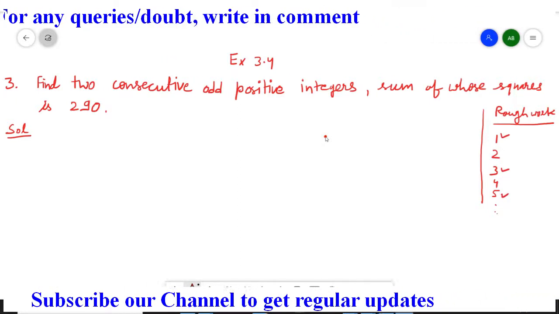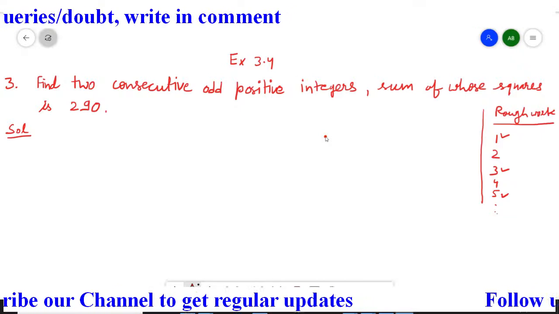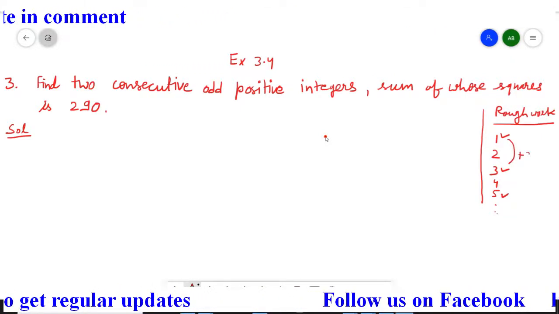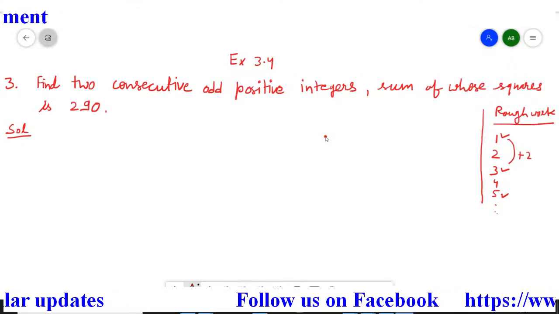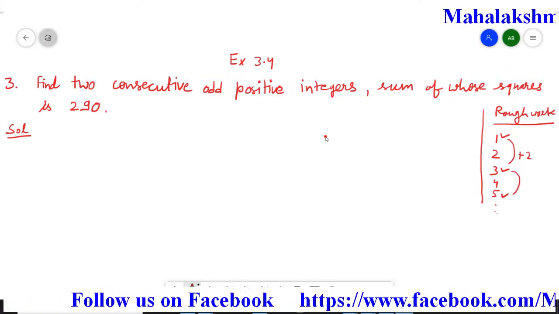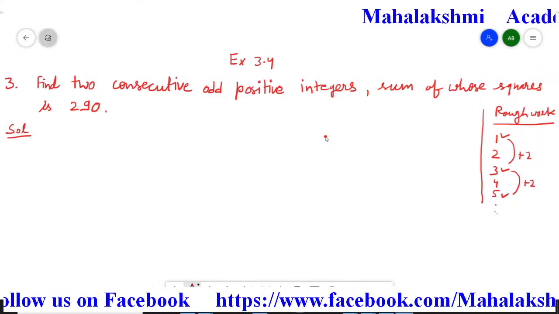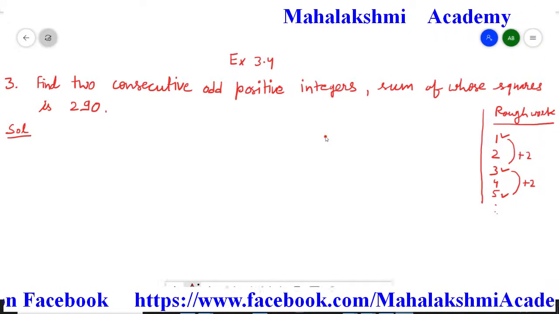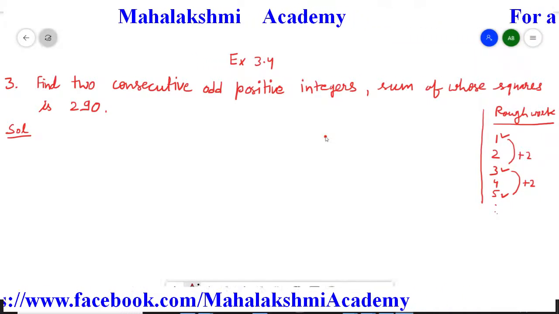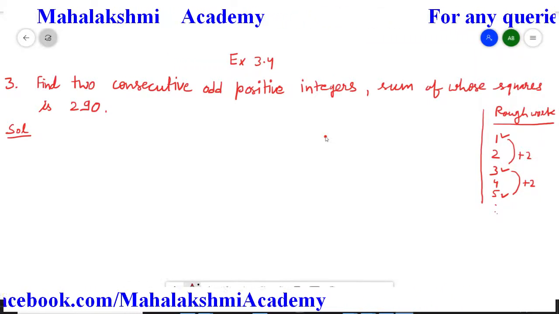Now what is the relationship between these numbers? If we add 2 to 1, we get 3. In the same way, from 3 to 5 we have to add 2 to get 5. So the conclusion is the gap between consecutive odd integers is 2.